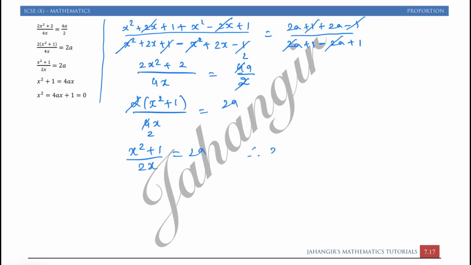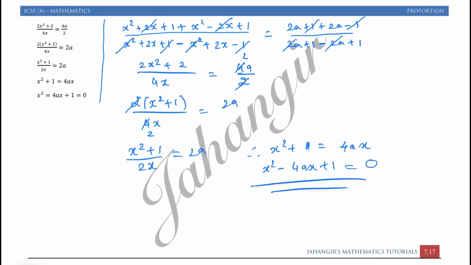Cross multiplying, you will get x square plus 1 is equal to 2ax. 2ax you can shift inside. Sorry, it's 4ax. Is equal to 0.